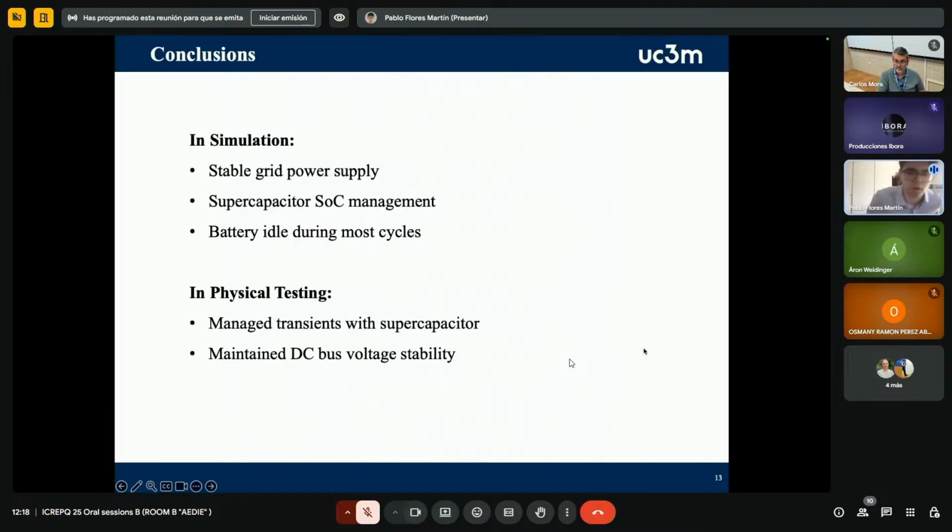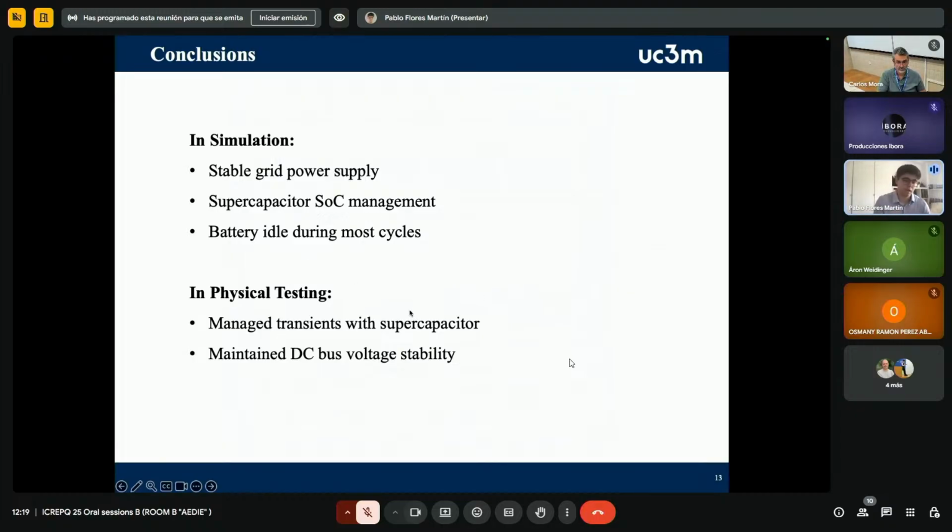In summary, this work presents the first fully implemented energy management system tailored for ground generation airborne wind energy systems. It has proven in simulation to be able to deliver a stable power supply to the grid, manage the supercapacitor's voltages, and maintain the battery idle during most cycles, therefore preserving its life.